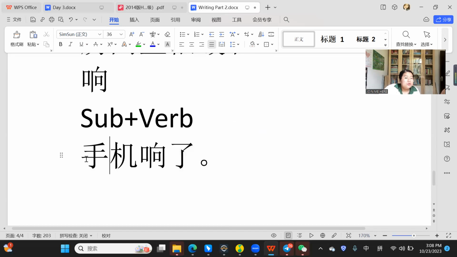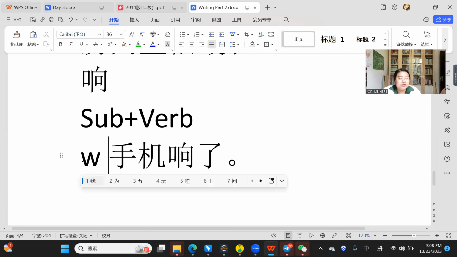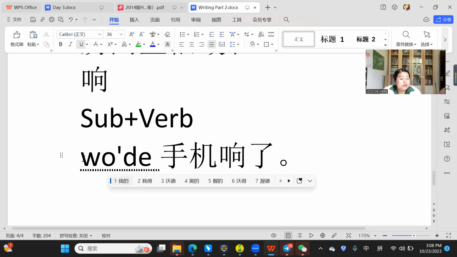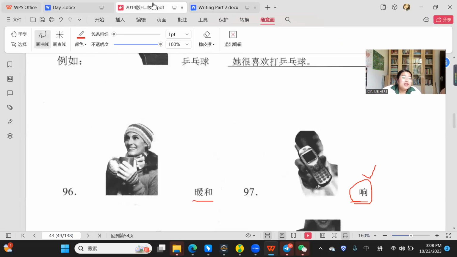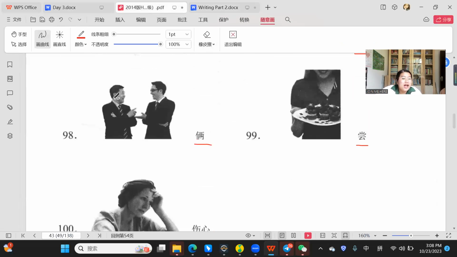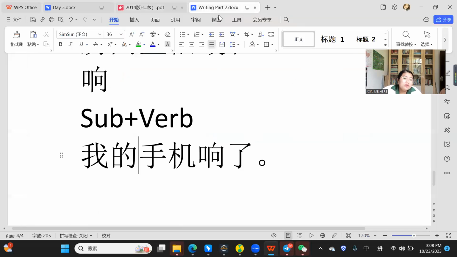Okay. So we put 我的 in front of 手机。我的手机响了，还是你的手机响了，都可以啊。And that third sentence is 俩。You see two people in 俩。How do we use 俩?